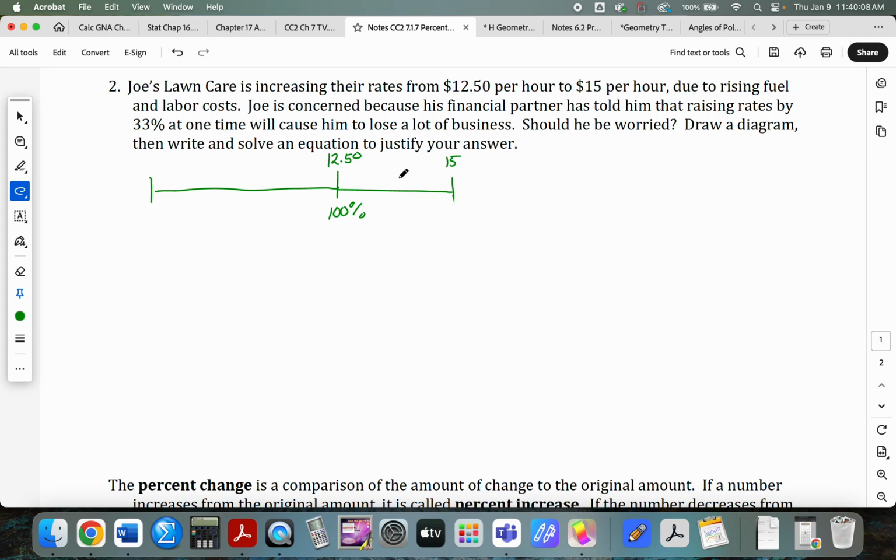So we can figure how much did he go up by per hour? $2.50, yeah. And we'd like to know, well, what percentage is that? So again, the equation is right there for you. 12.50 over 100 is equal to 2.50 over x.